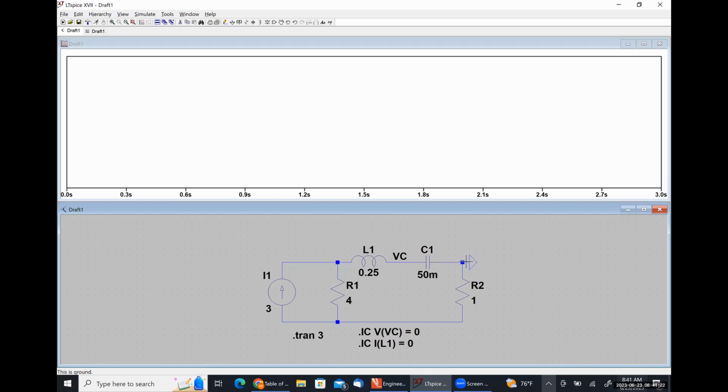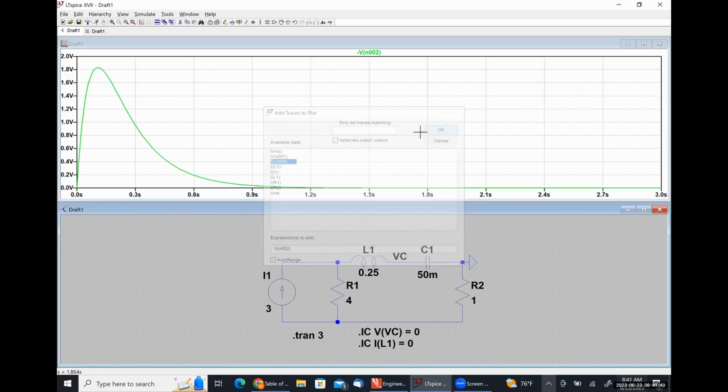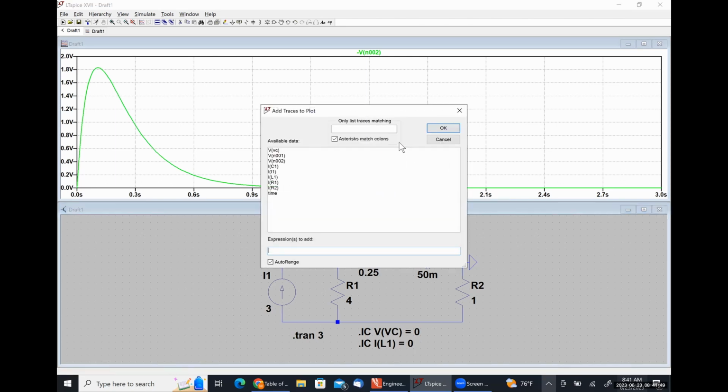Because this node is grounded, what node is this? Node 2. So the voltage drop across my resistor is going to be negative the voltage at node 2. So I'm just going to add a trace. It says negative the voltage at node 2. This is what I get. And now I'm going to type in my mathematical expression.